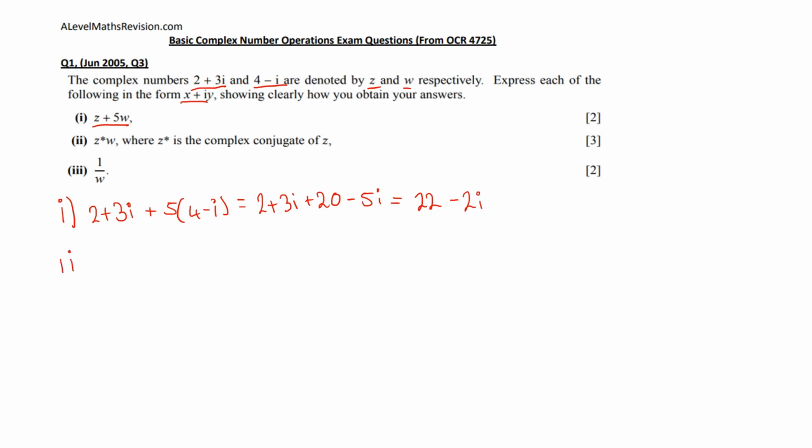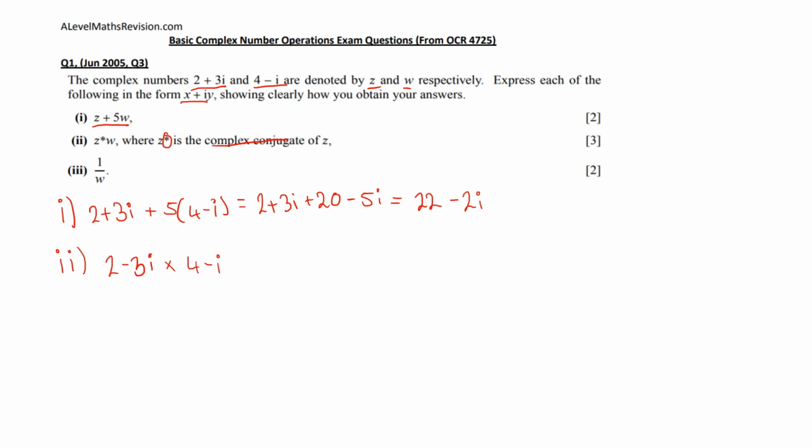Okay, so we've got complex conjugates. This star means a complex conjugate. So the complex conjugate of z is 2 minus 3i, and we're timesing that by w, which is 4 minus i.